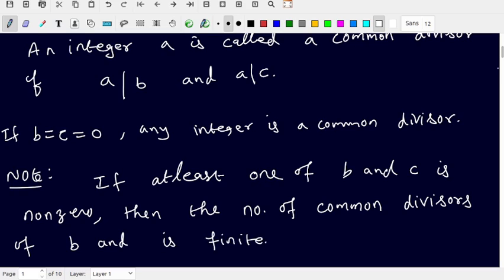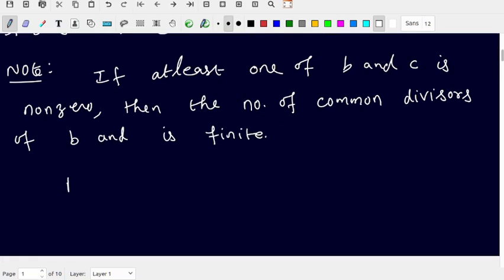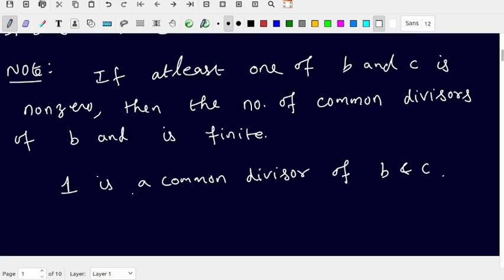And one is a common divisor of B and C for any integers B and C.